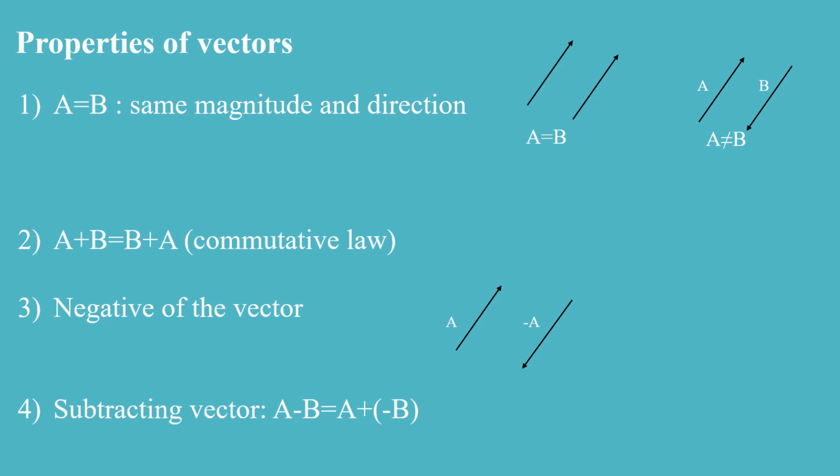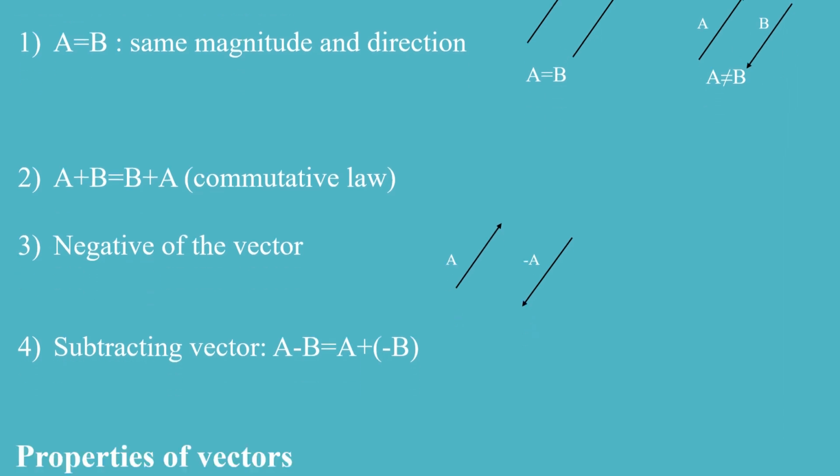So I can subtract vector A from B, right? But the meaning of this subtraction is that I'm adding two vectors together, but the second one is the negative vector. So technically speaking, I'm adding two vectors, but one of them has a negative direction. This is another way you can think about it.